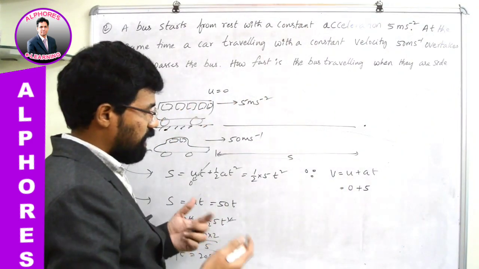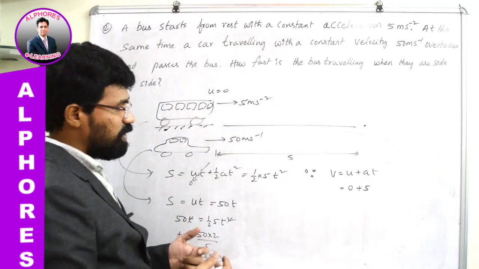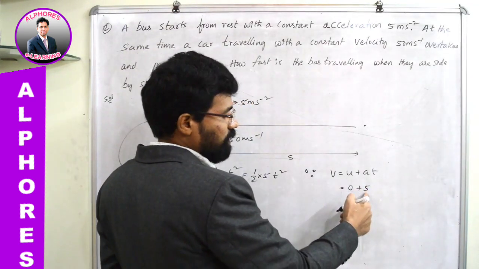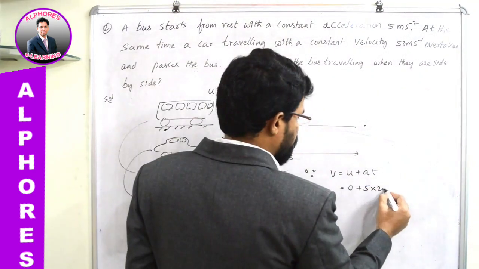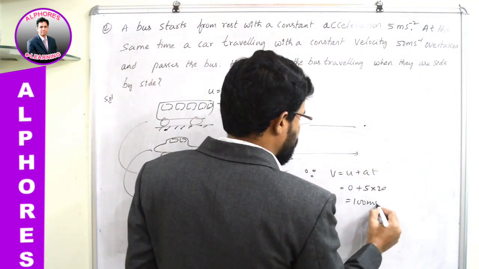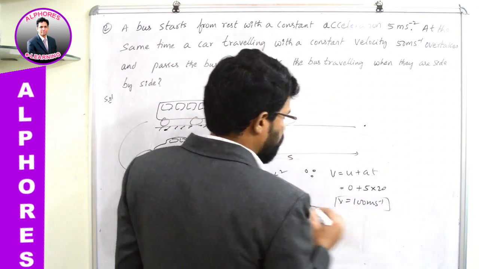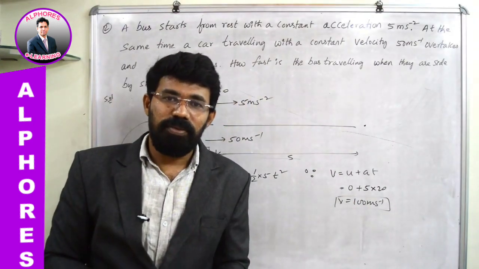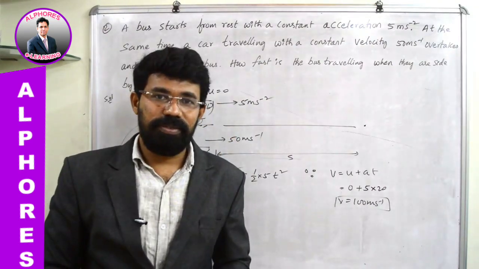So I am calculating the velocity acquired by the bus after 20 seconds, starting from rest with a constant acceleration of 5. So 5 into 20 gives 100 meters per second. So the velocity of the bus when it is overtaking the car is 100 meter per second. That's how you have to find it.